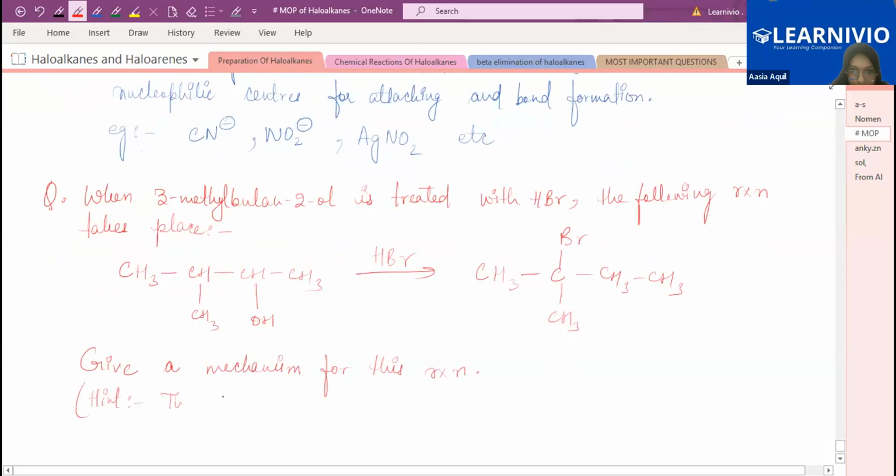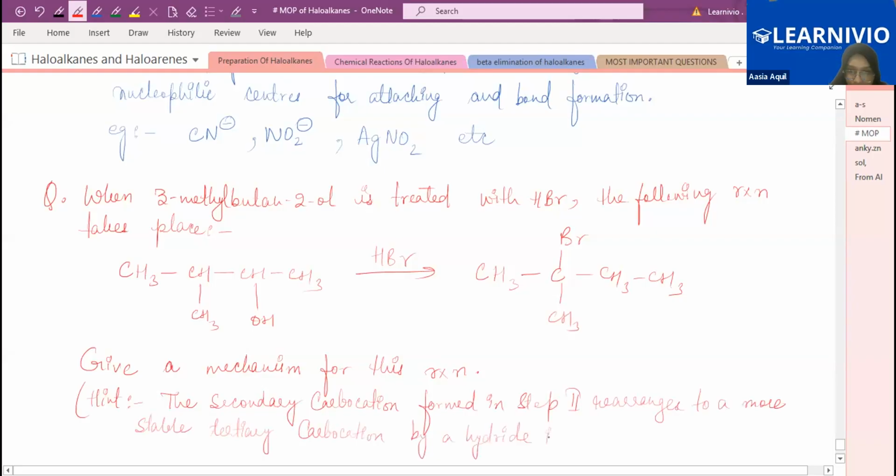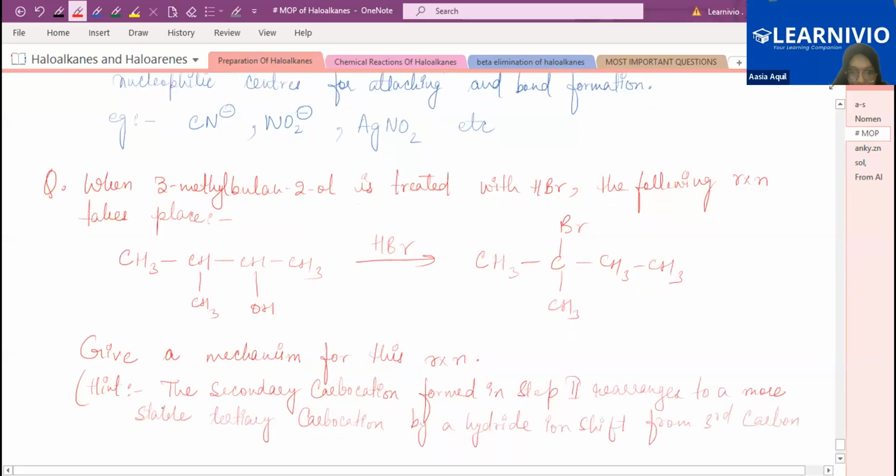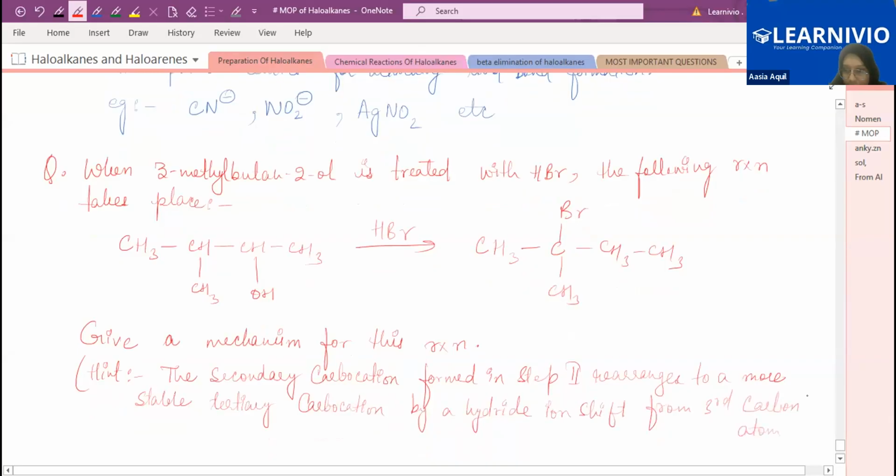The secondary carbocation, which is formed in step 2, rearranges to a more stable tertiary carbocation by a hydride ion shift from the third carbon. The question has been made easy by giving this hint, right? The third carbon atom, that's the hint given.